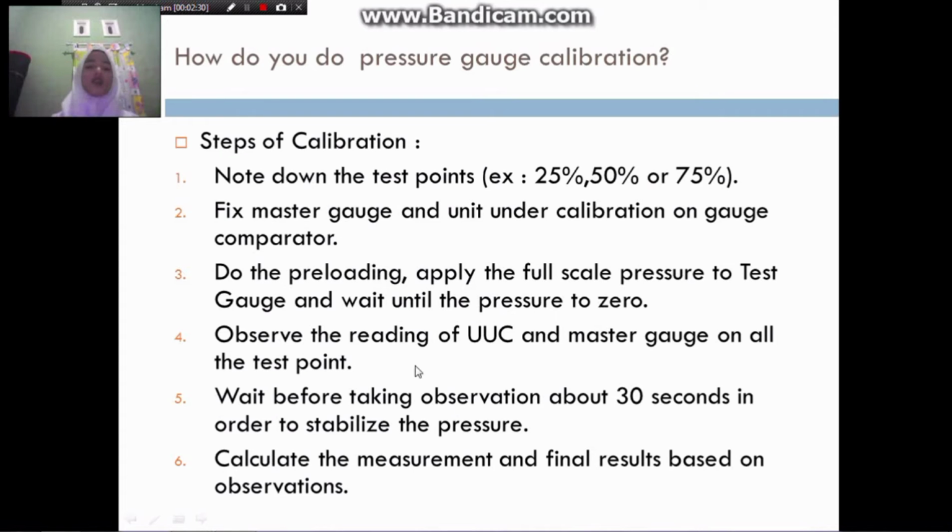Next, observe the readings of the UUC and master gauge on all the test points. After that, wait about 30 seconds before taking the observation in order to stabilize the pressure. Last, calculate the measurement and final result based on the observation.